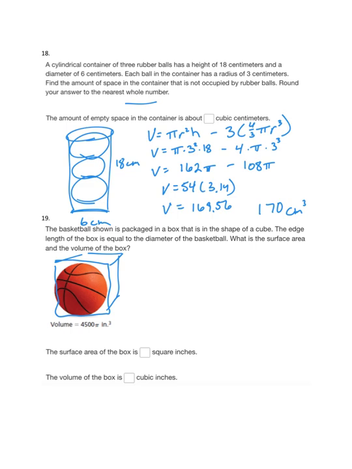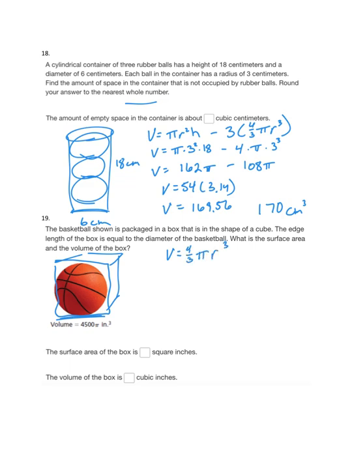What is the surface area and volume of the box? Okay, and all we're given is the volume of the sphere. So we need to figure out the diameter of the sphere because that will be one of the side lengths of the cube. So we're going to use our volume formula of 4/3 pi r cubed.